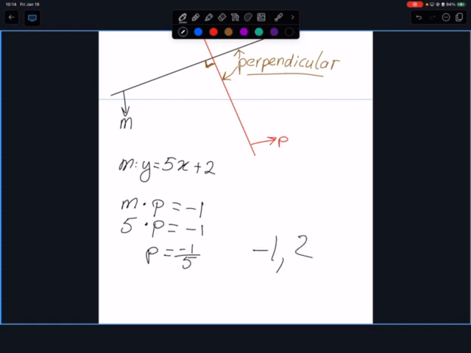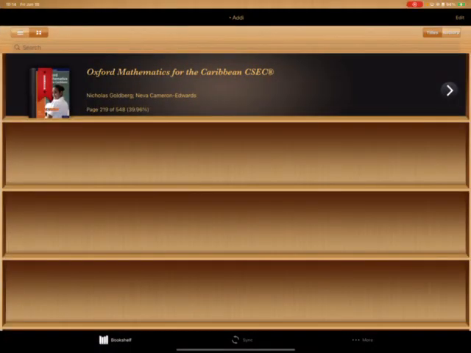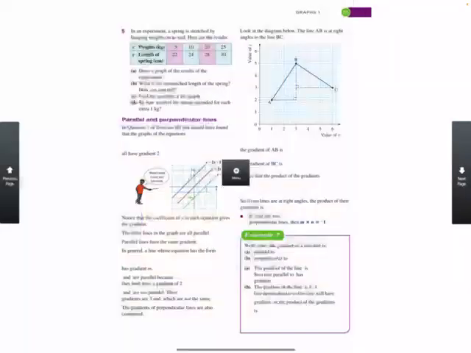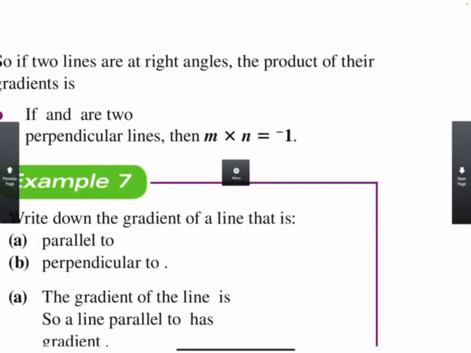If it's a comma, it's 2. A fifth is 0.2, not 0.5. Which is the formula of what? Page 211.